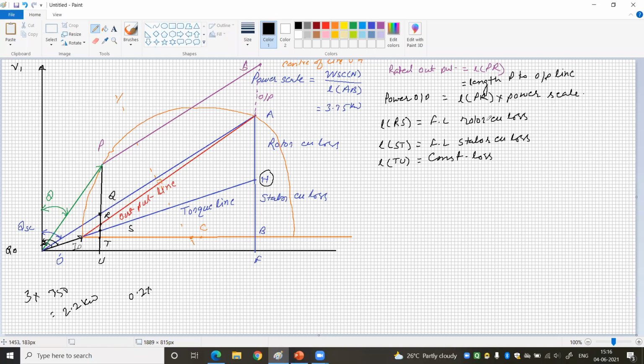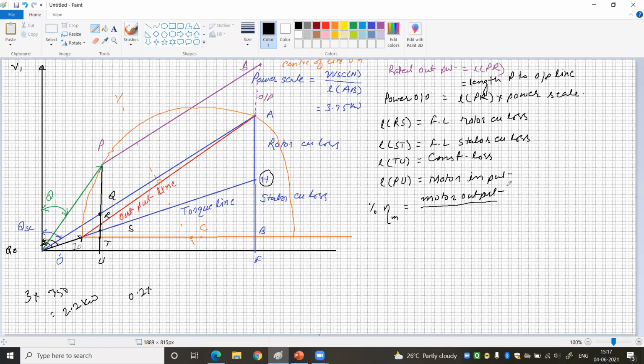Definitely it is multiplied by the power scale. Now length PU is nothing but the motor input. Therefore, efficiency of the motor is equal to motor output divided by motor input multiplied by 100.